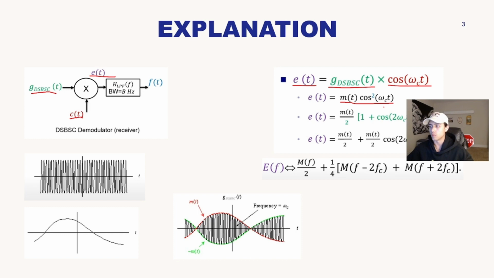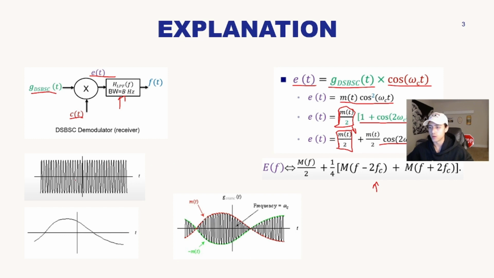We know from class that cosine squared can be put into the form one half times 1 plus cosine of 2 times the frequency, and we have the message signal with half of the amplitude here. By putting it through a low pass filter, we can get rid of this component right here, and we can essentially recover just the original message signal. And this is just the frequency version of this.